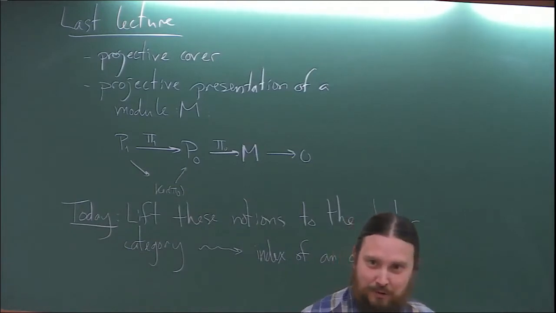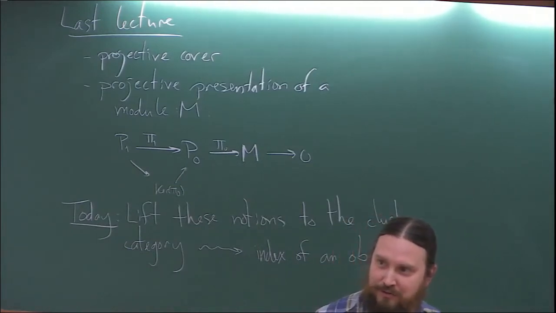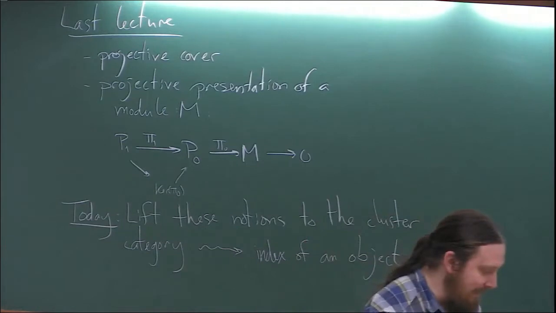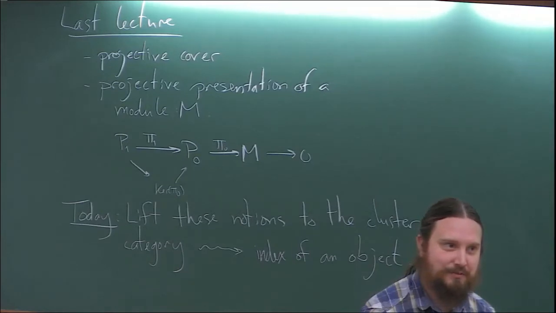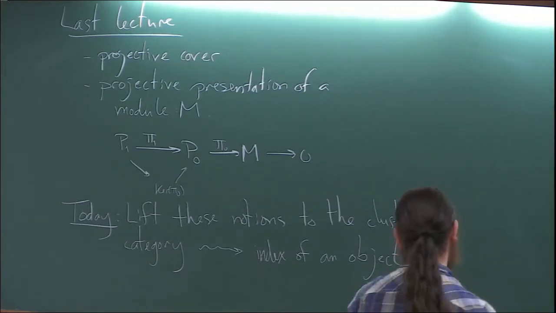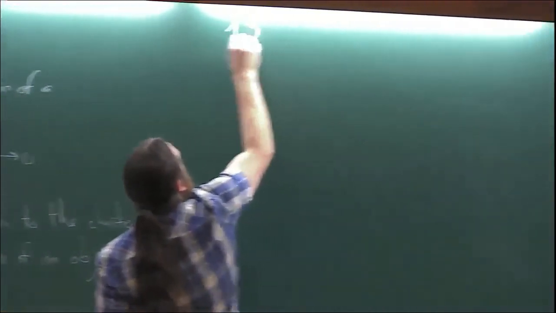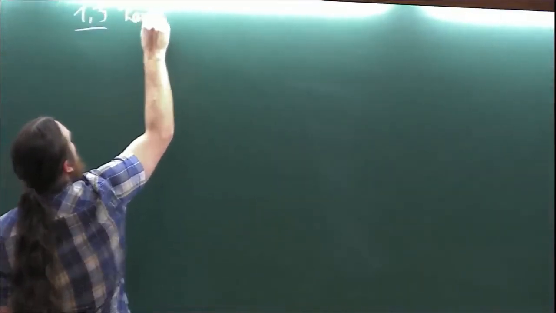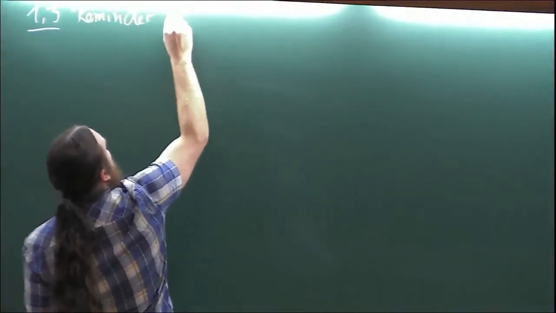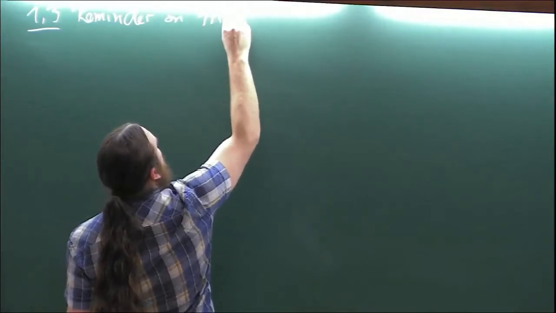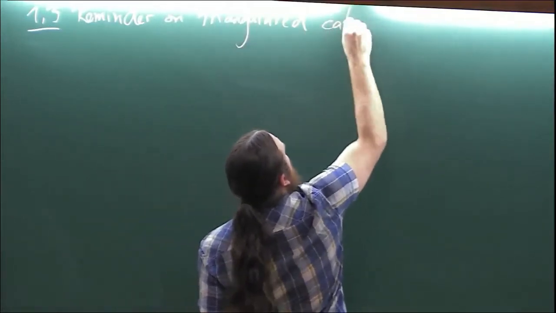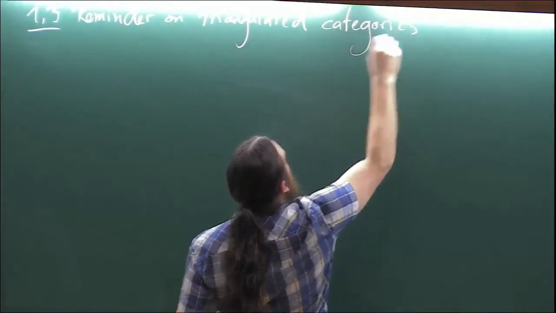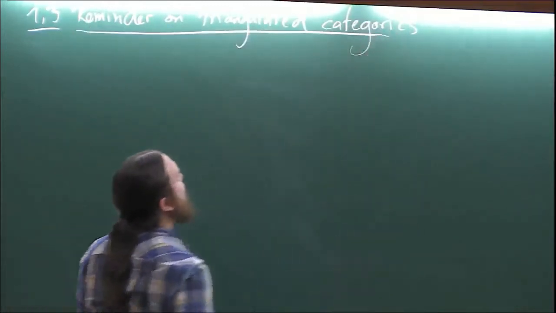So I hope those of you who know triangulated categories will forgive me, but I would like to give a list of most of the axioms of a triangulated category and a list of most of the properties that we're going to use inside of them. So I will call this a reminder on triangulated categories, even though it's only really a reminder if you've seen them before.